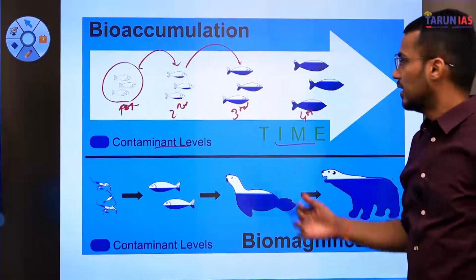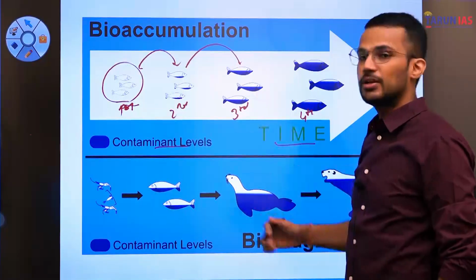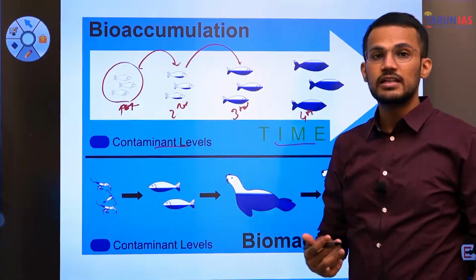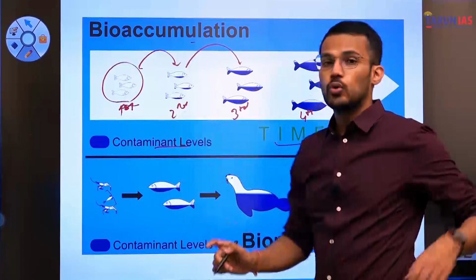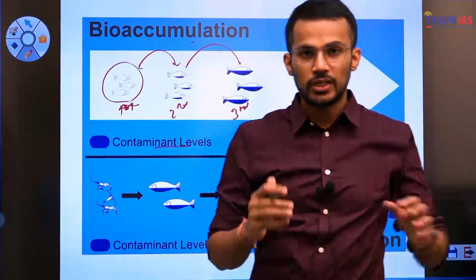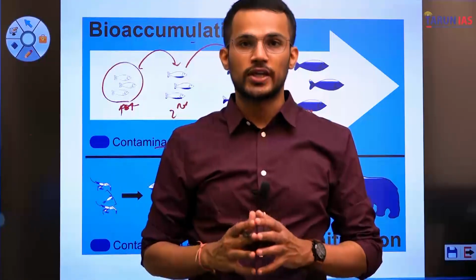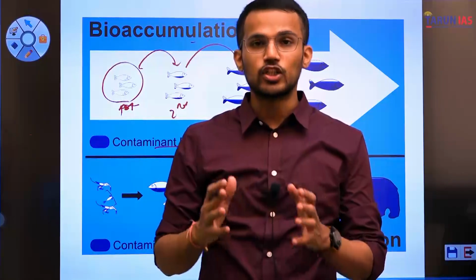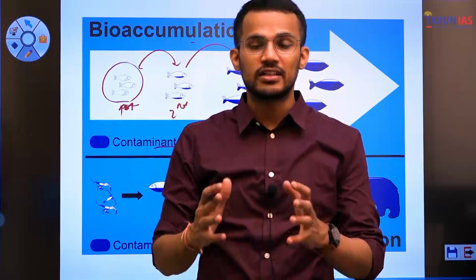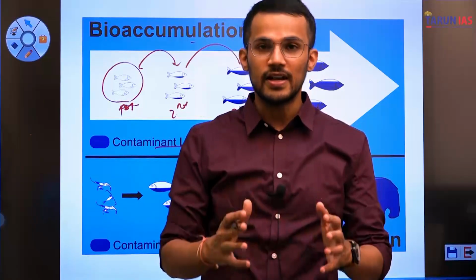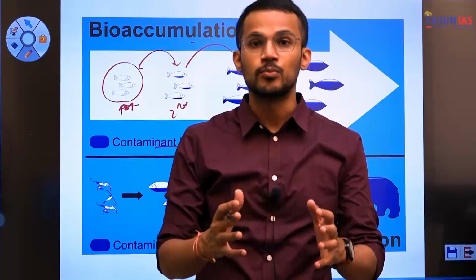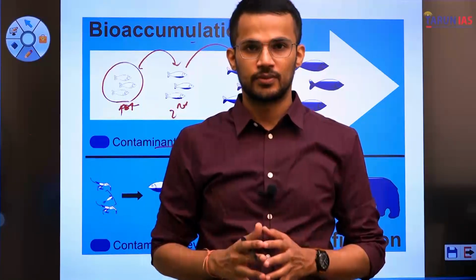Right? With time, the concentration of that contaminant is increasing day by day, and that is nothing but bioaccumulation. So let me define bioaccumulation. Bioaccumulation is the increase in the concentration of contaminants inside the body of an organism with time.